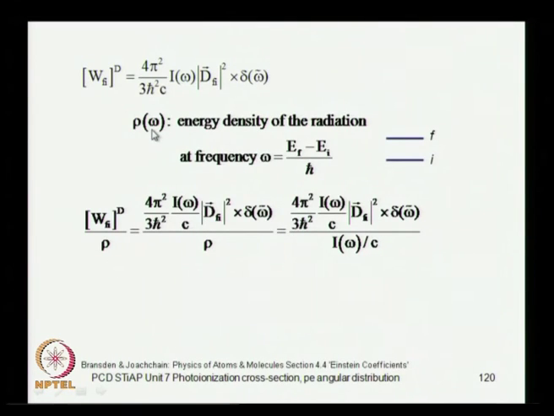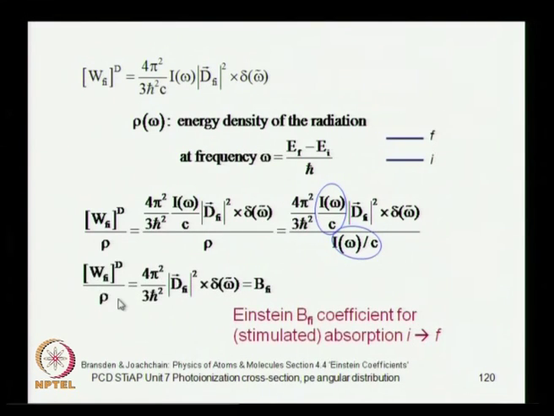If rho is the energy density at frequency omega, then you have to divide by rho, but the energy density is intensity over the speed of light. So you have I over c in the numerator as well as the denominator. These terms cancel each other, and you are left with the transition rate per unit energy density.